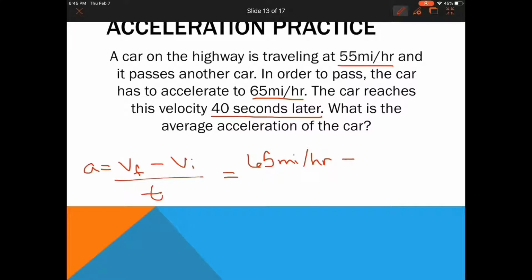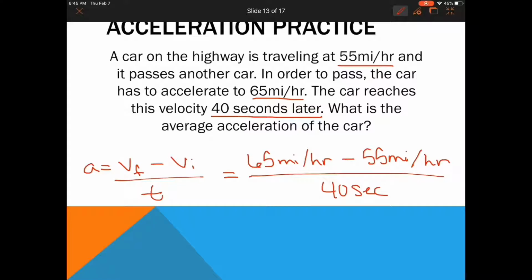And their initial velocity, what they started with, the normal traveling speed, is 55 miles per hour. And it took him 40 seconds to get up to 65 miles per hour from 55.